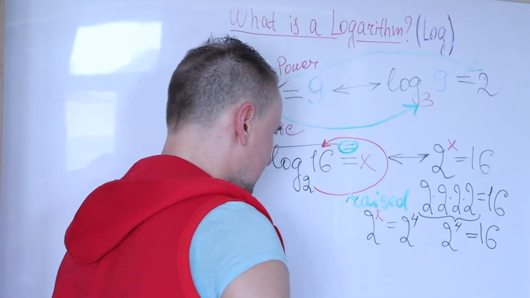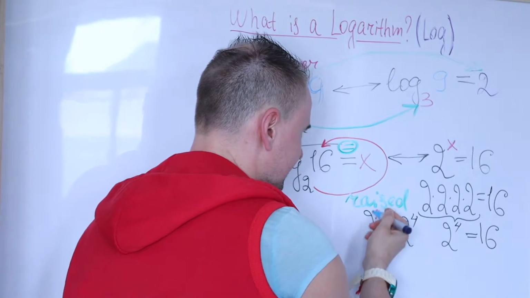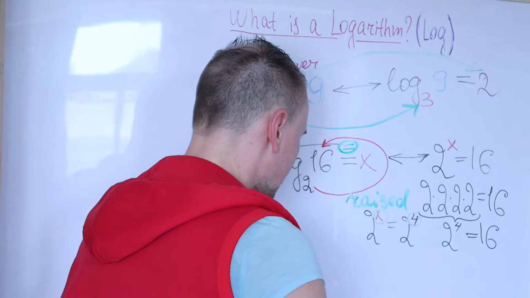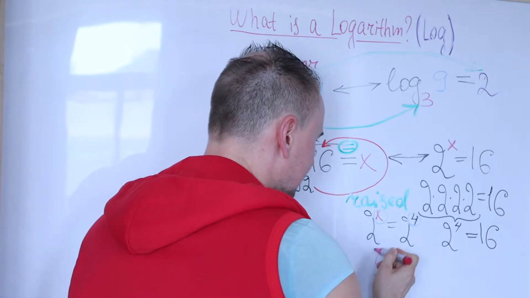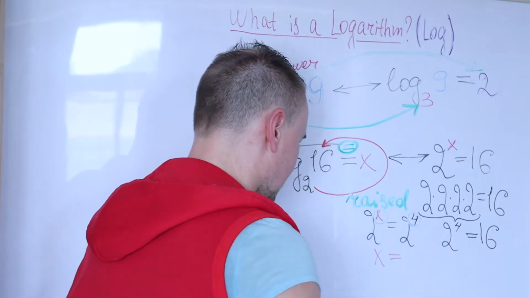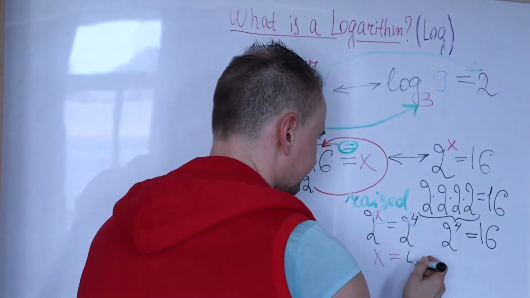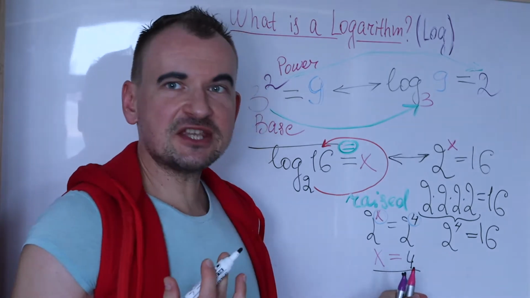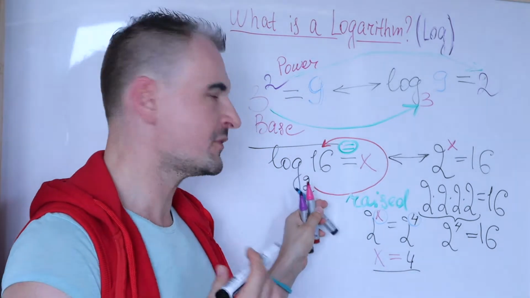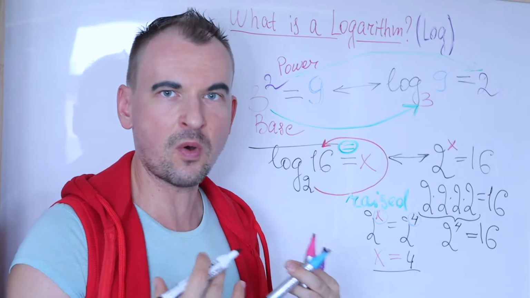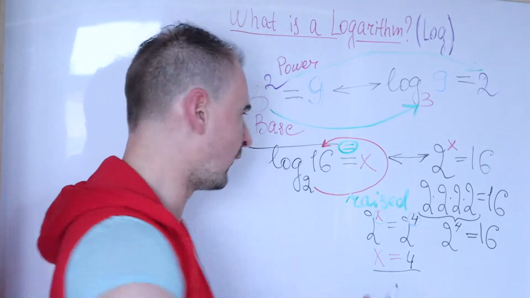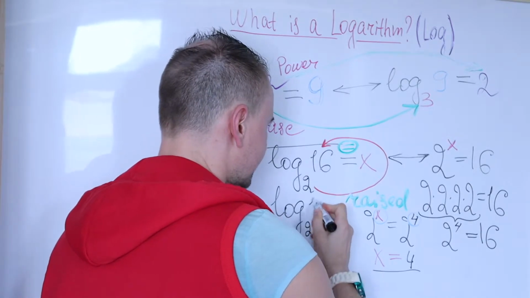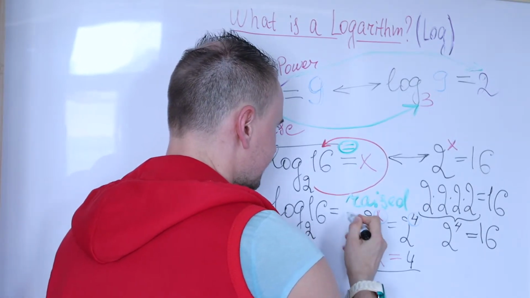And you could simply set them equal to each other, and you end up with x equals 4. That means your entire logarithm, your whole logarithm is just 4, and you could write it down. So log to the base 2 of 16 equals 4.